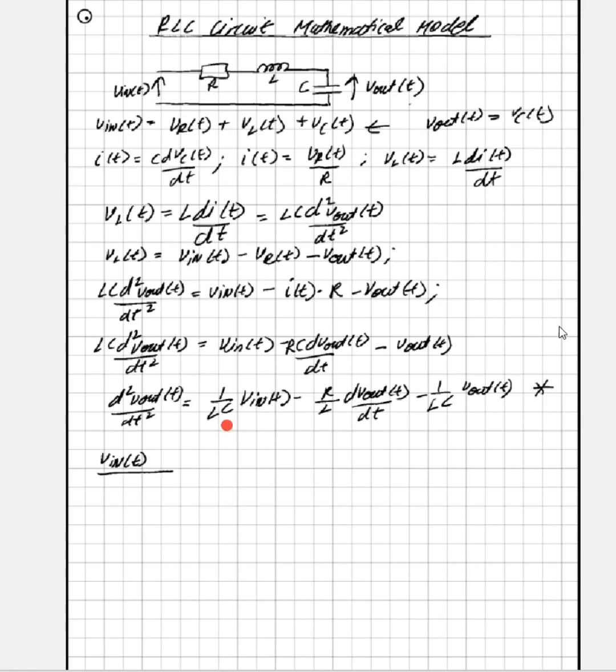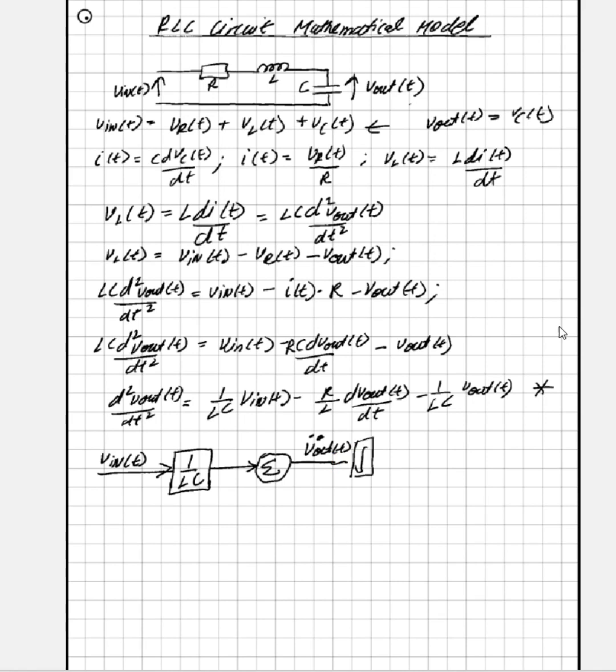So our voltage input is scaled by a coefficient 1 over LC. This goes into a summer, and the output of this is the second derivative of the output voltage. We'll label that with 2 dots.